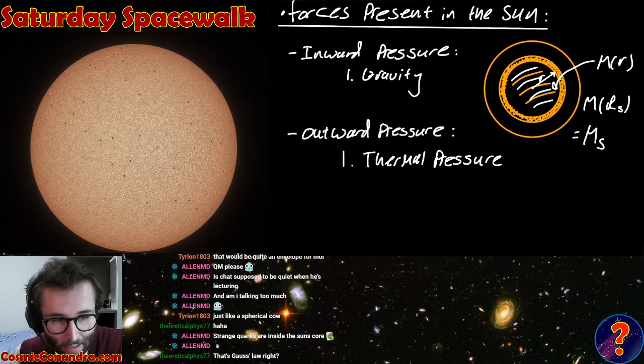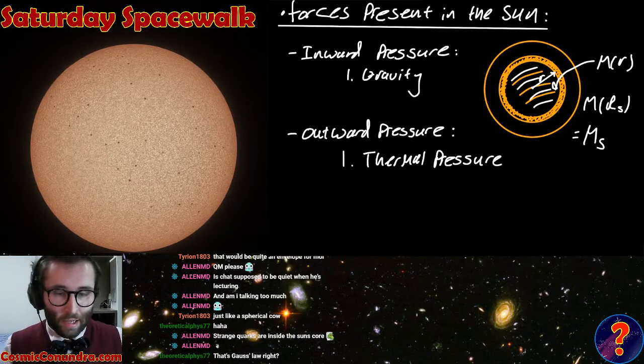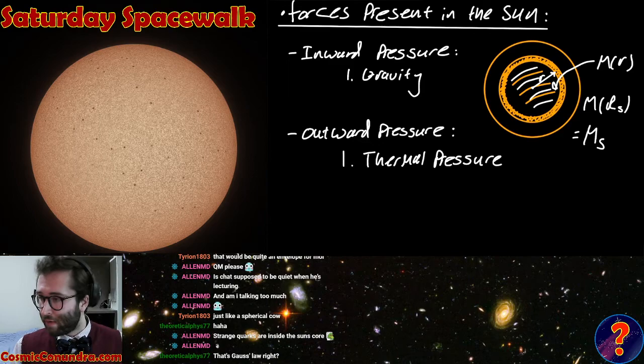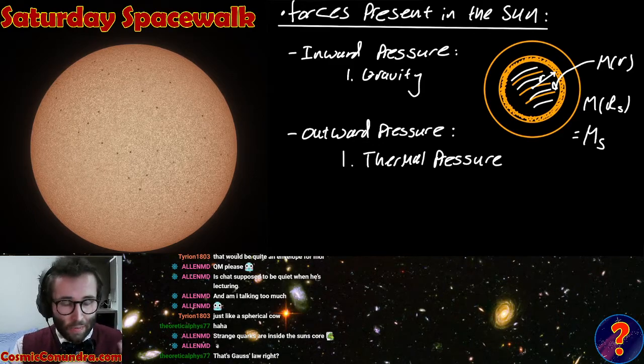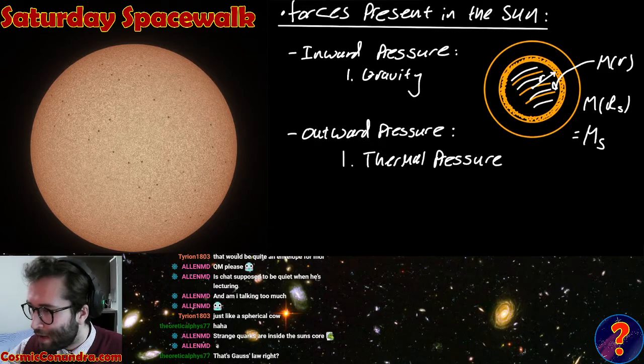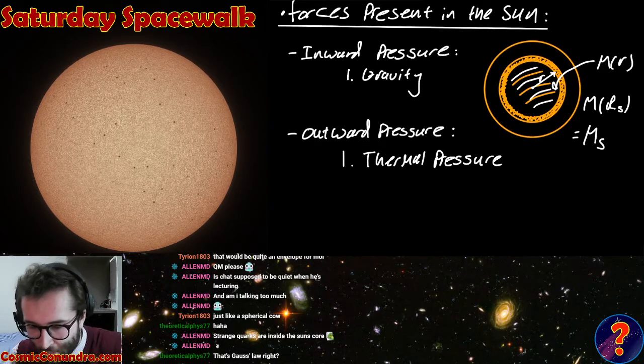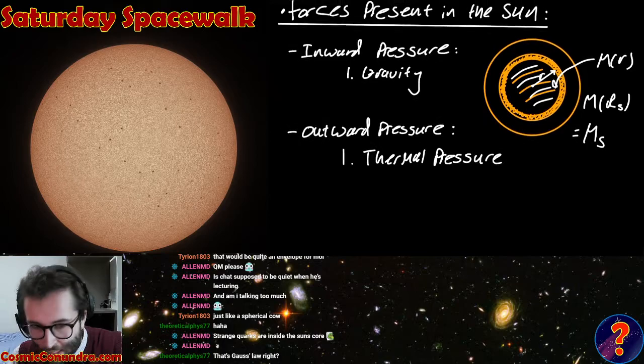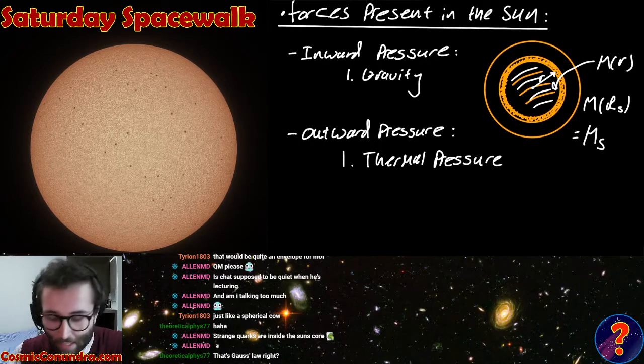By this I mean the same thermal pressure you get inside of a balloon. If you have a balloon full of air, this pressure is generated by collisions between the molecules inside of the balloon pushing out on the wall. It's the same kind of pressure that will dominate inside of our Sun.